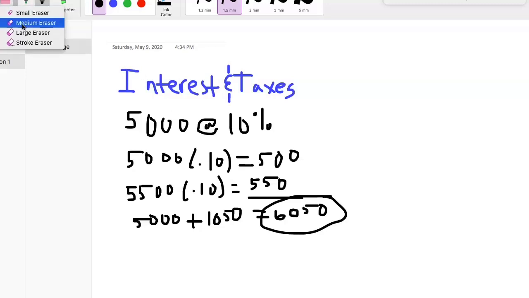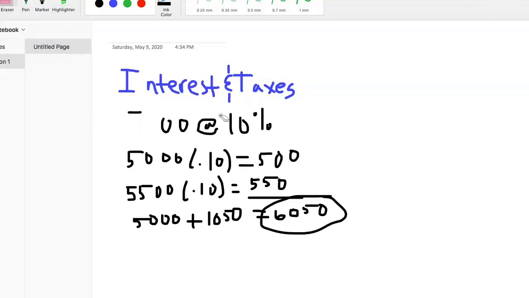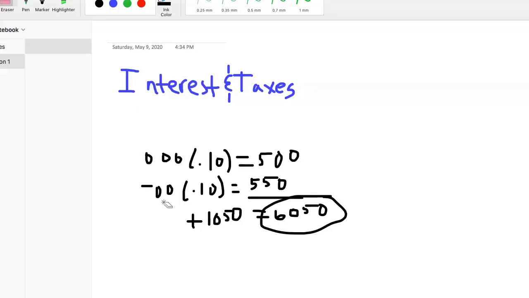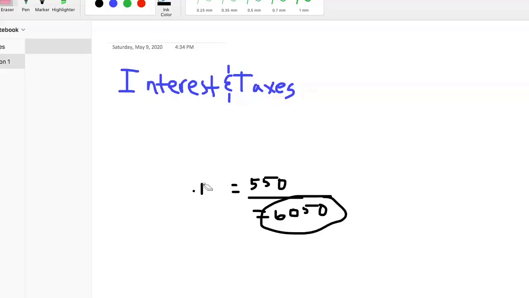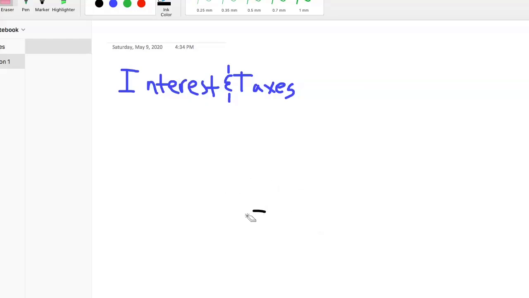All right. And then we also have basic tax questions. And that's just knowing to multiply them together, really. But we'll do an example here real quick. The simple interest is the one that trips people up more often.